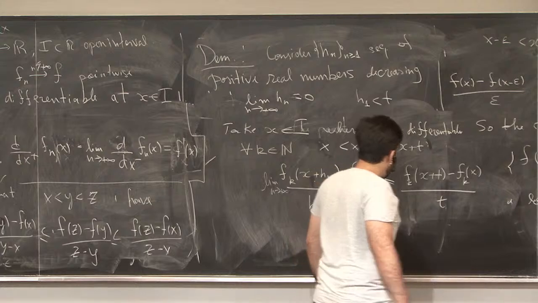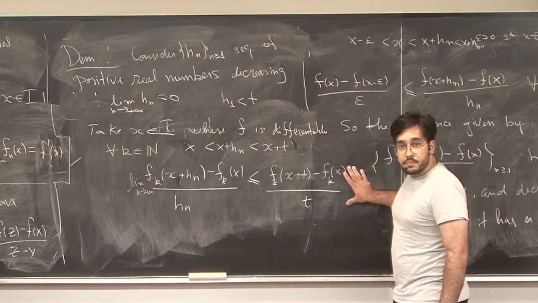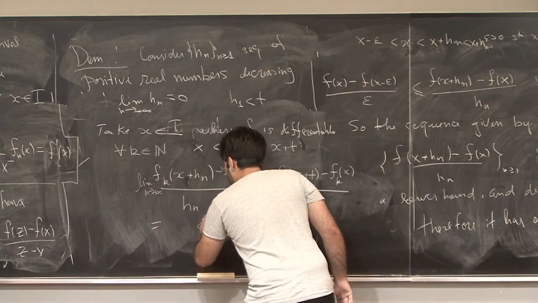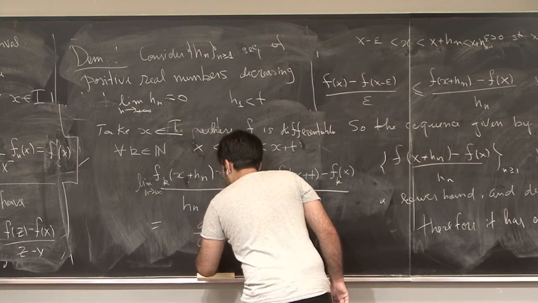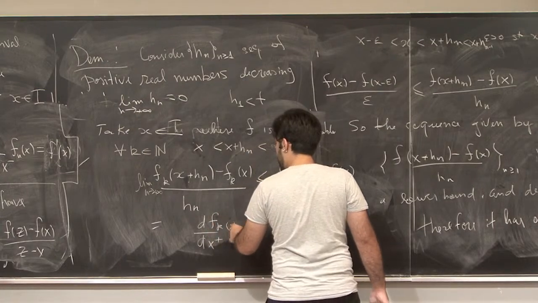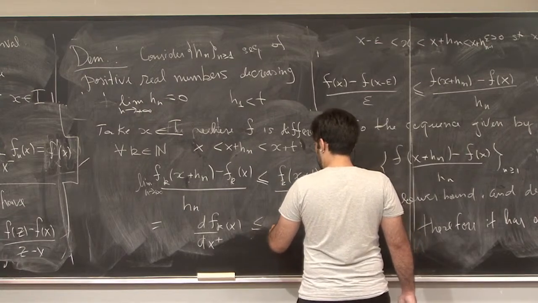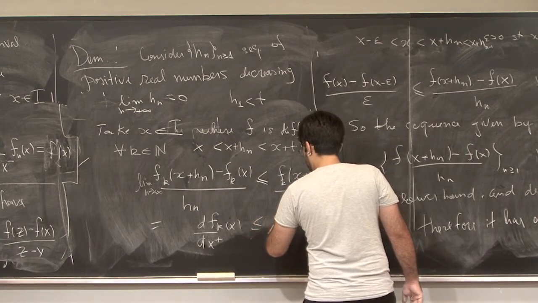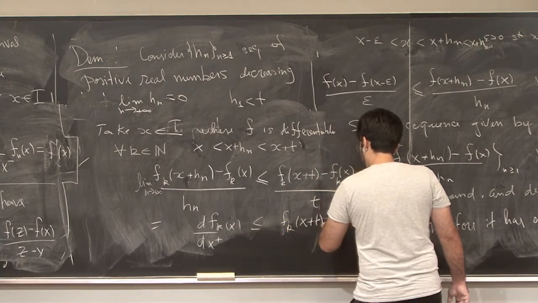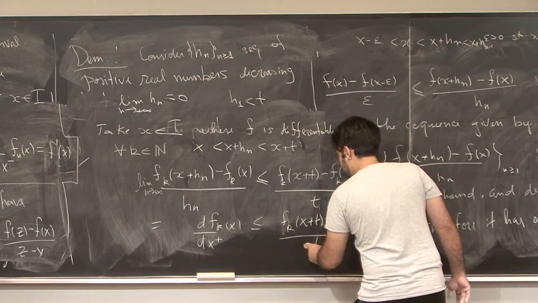The limit in n doesn't affect this part of the inequality because it doesn't depend on n. So this will be exactly the right side derivative of fk at the point x, and it will be less than fk of (x plus t) minus fk of x over t.